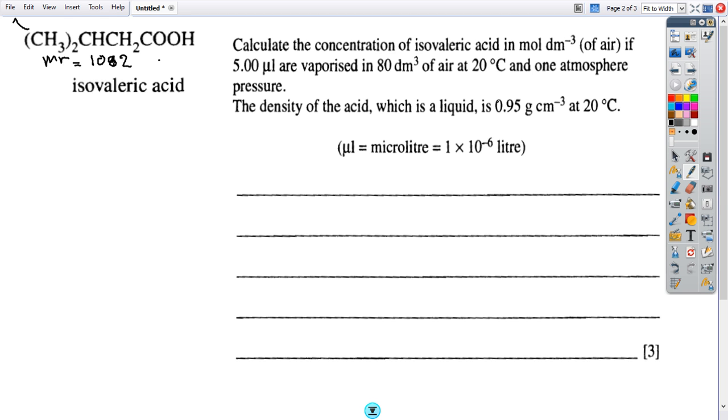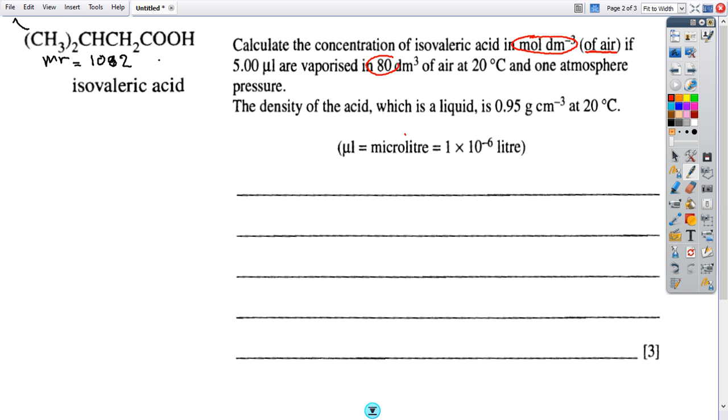Right, so let's go through this question and see what are the key points that we need to have a look at. So we're calculating the concentration of isovaleric acid in moles per decimeter cubed, of air. Alright? If 5 microliters are vaporized in 80 decimeters cubed.